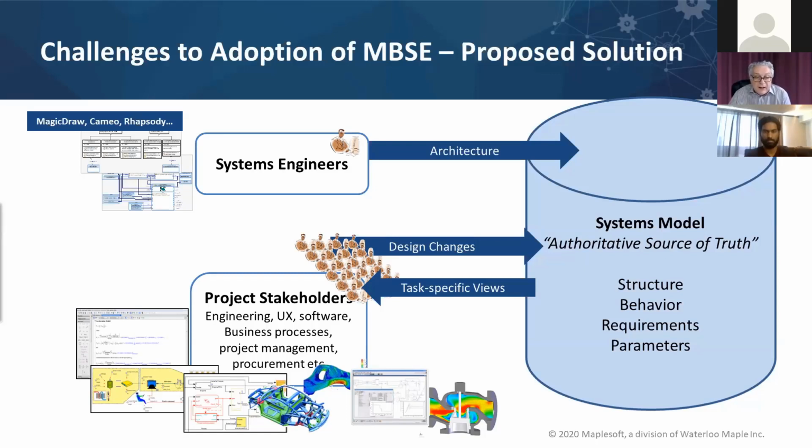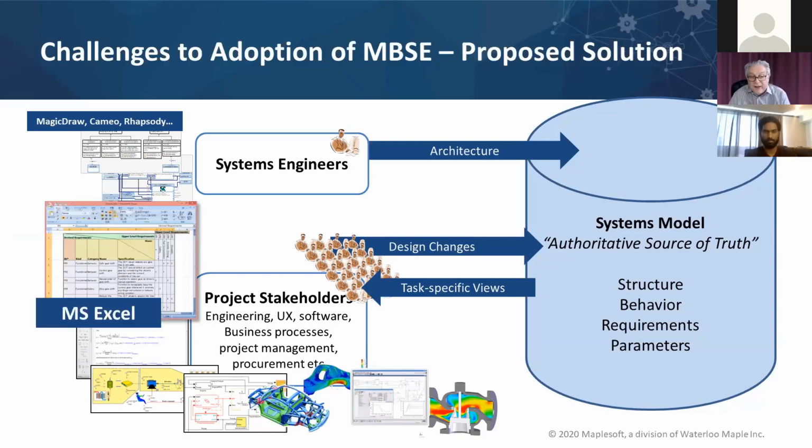So our proposal is, why not give them a tool that everybody knows and understands and has access to, which is Microsoft Excel. By doing that, we have a way of making the information available across all those folks involved in the project. The design reviews become much smoother.